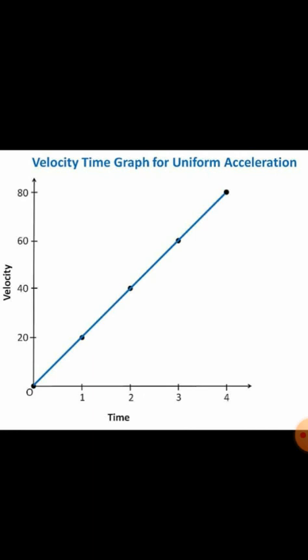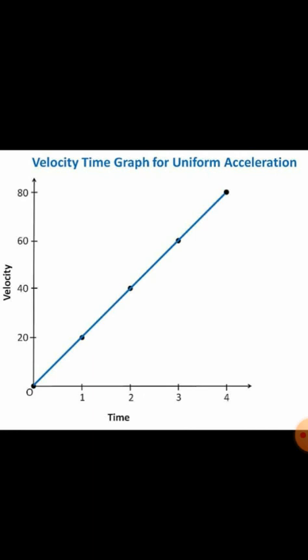Slope is given by the formula y2 minus y1 by x2 minus x1. So we will have 40 minus 20 by 2 minus 1, which is 20 meter per second square, because the slope gives acceleration. So it is 20 meter per second square.